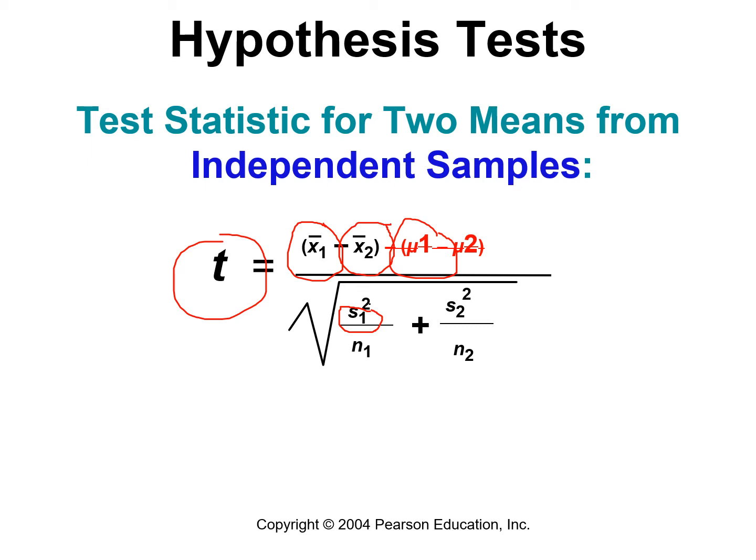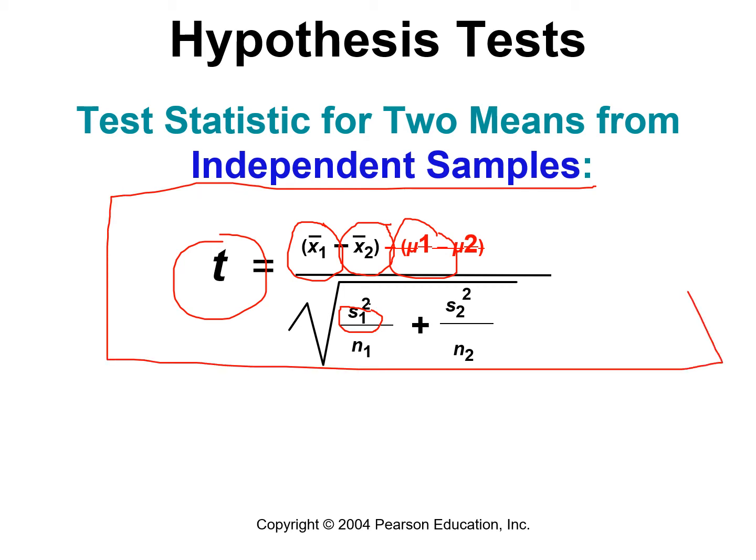Anyhow, this is the formula used to calculate the test statistic in two independent samples. But as mentioned in the learning objective of this lecture, we are not going to manually calculate the test statistic. We will use software to generate the results.